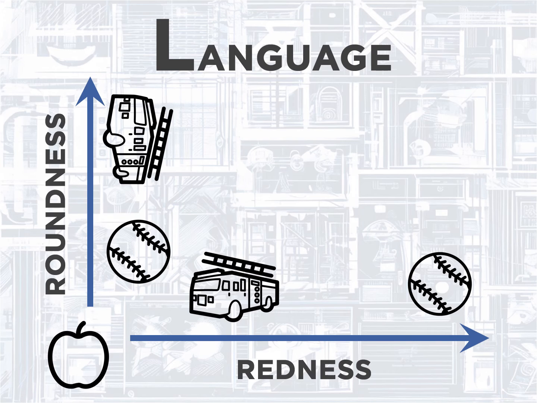It does this mostly by looking at how similar or different words are in different ways or dimensions. For example, if we were to consider just two dimensions, roundness and redness, an apple and a fire truck might be very far apart on roundness, but close together on redness, while a baseball would be close to the apple in terms of roundness, but far away in redness.